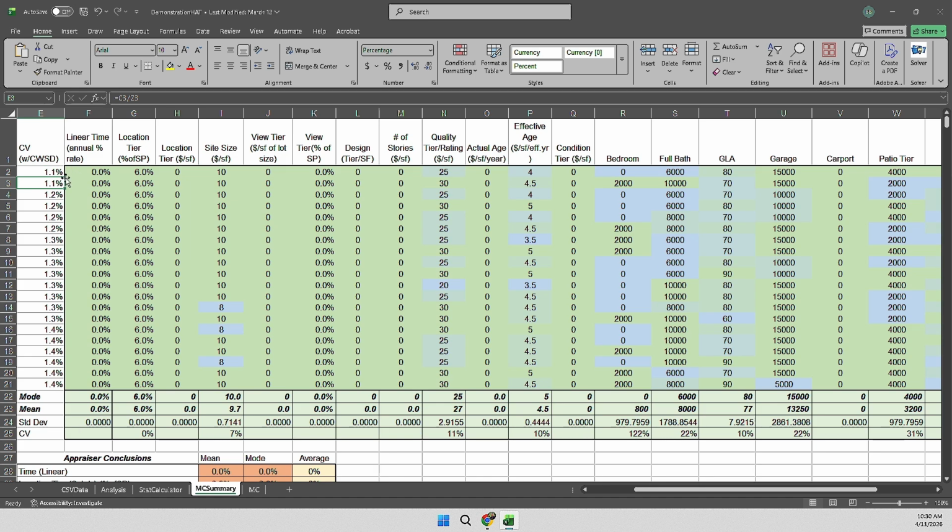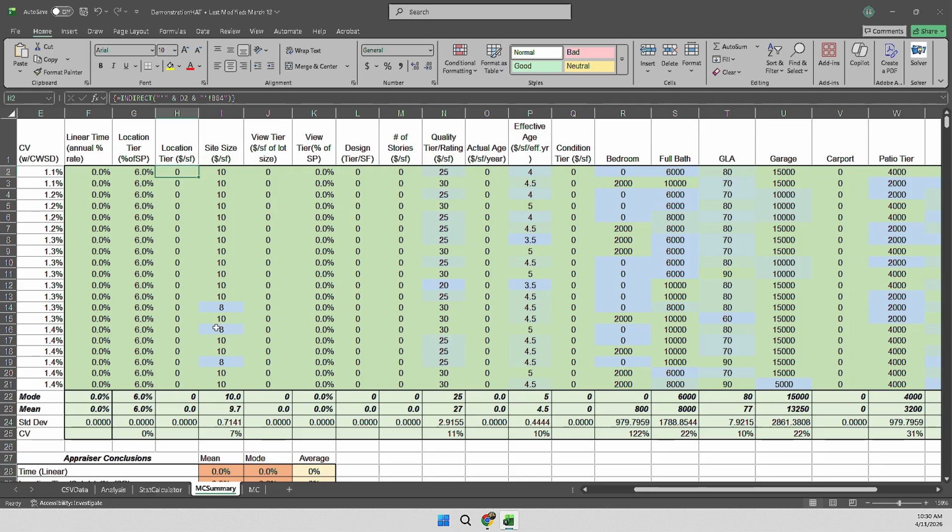So if I'm looking at, let's just take these top two. Well, they were both at 6% for the location tier. In fact, the entire top 20 were. And if we're looking at site size, it was almost all 10s, but there were a few 8s in there. But we can't look at those just in isolation.